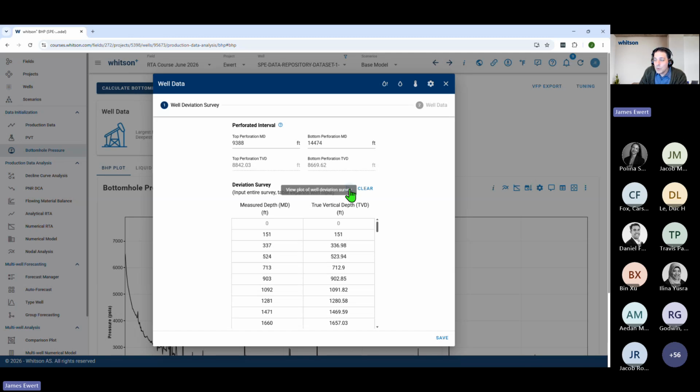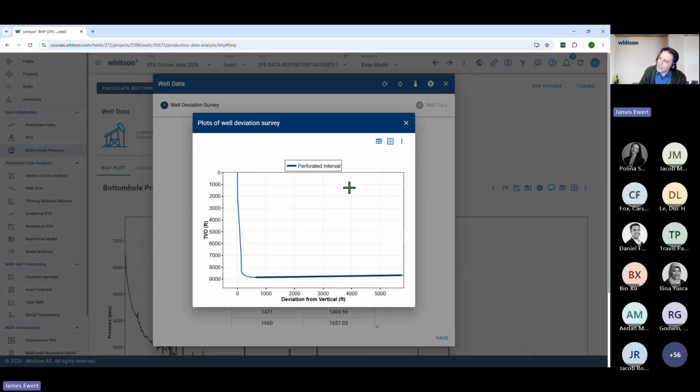Now we can view the well trajectory from this, and usually I'll click on this because I want to know if it's an up dip well or a down dip well, and really it doesn't mean a whole lot to me unless I see the horizontal wellbore really kick up or really kick down further out. Something like this, yes, it's going up a little bit, but it's really not going to meaningfully change my analysis very much. But it's very easy to see that and get a view of that from the software.